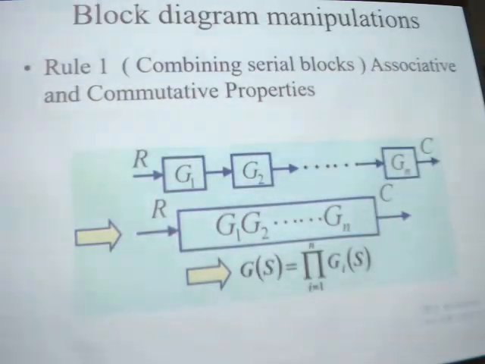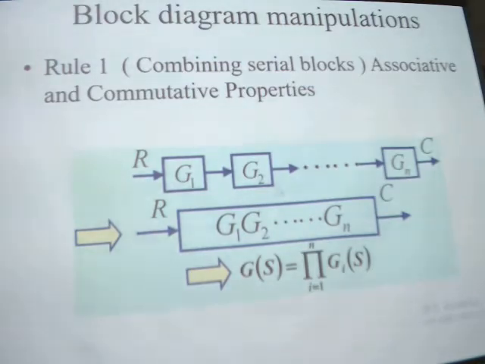Here, the first rule: combine several blocks, also the associative and commutative properties. This is the block diagram. The first rule: several blocks successive to each other. Then the transfer function of the system is equal to the product of the individual blocks.